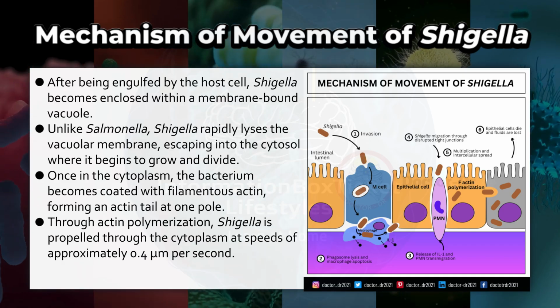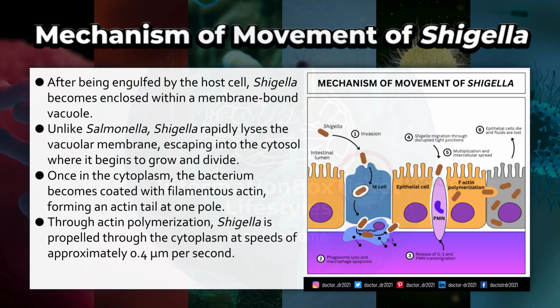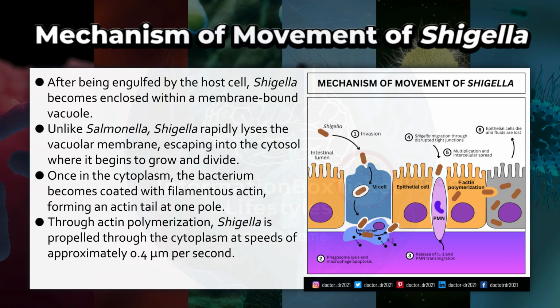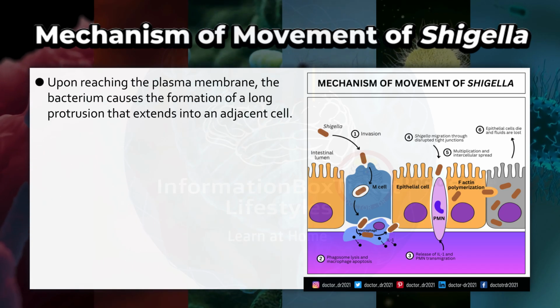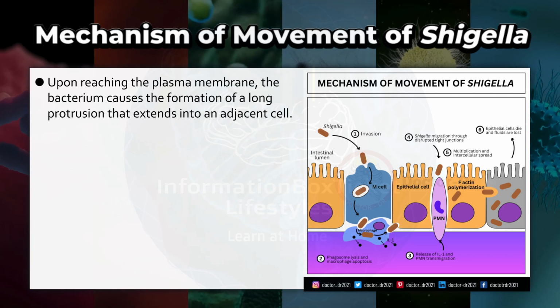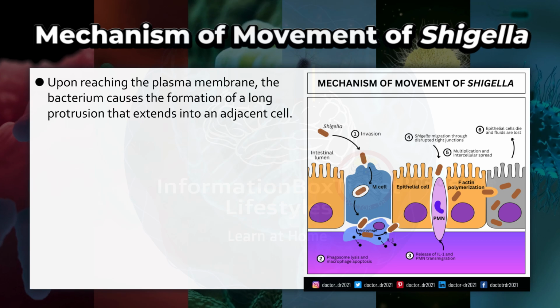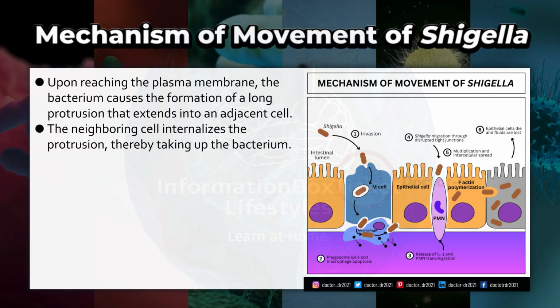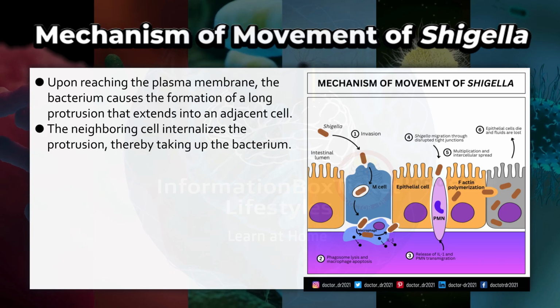Through actin polymerization, Shigella is propelled through the cytoplasm at speeds of approximately 0.4 micrometers per second. Upon reaching the plasma membrane, the bacterium causes the formation of a long protrusion that extends into an adjacent cell. The neighboring cell internalizes the protrusion, thereby taking up the bacterium.